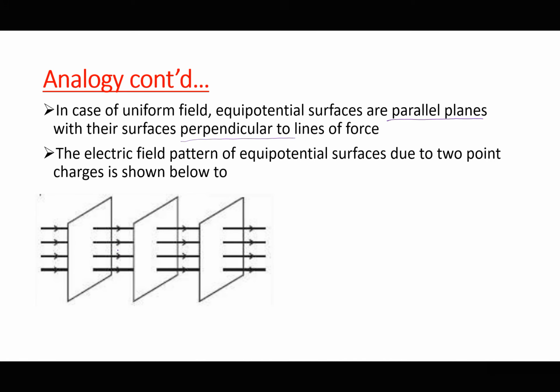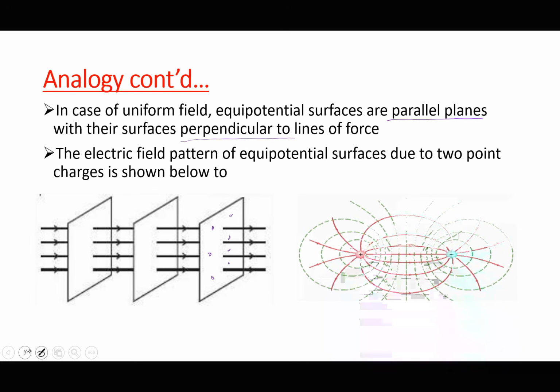Here I was showing you parallel field lines where the field is uniform. We can take a small section through the field. At any point along this plane, the potential is going to be the same. So this plane stands for an equipotential surface.